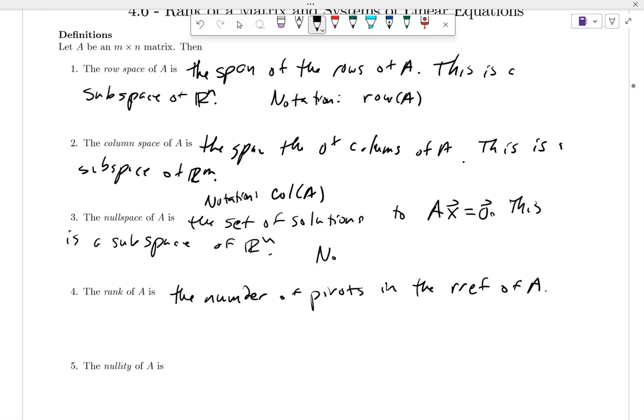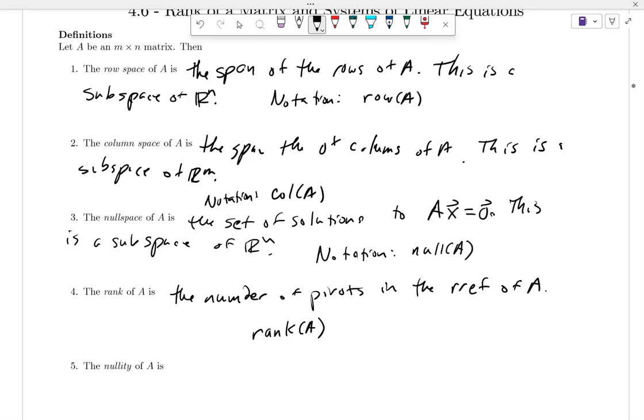Like I said, I forgot the notation back up here. You see Null of A. That's the null space notation. Rank is pretty easy. It's rank of A. Now notice in the first three, those notations are referring to a space. Rank is referring to a number, just like dimension refers to a number. Okay.